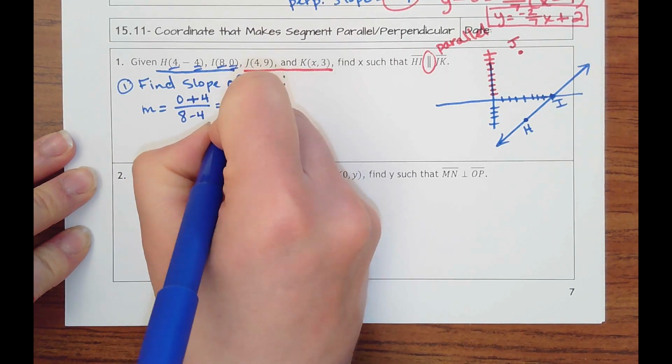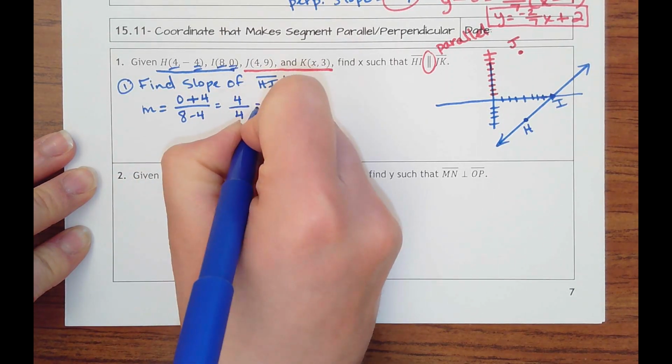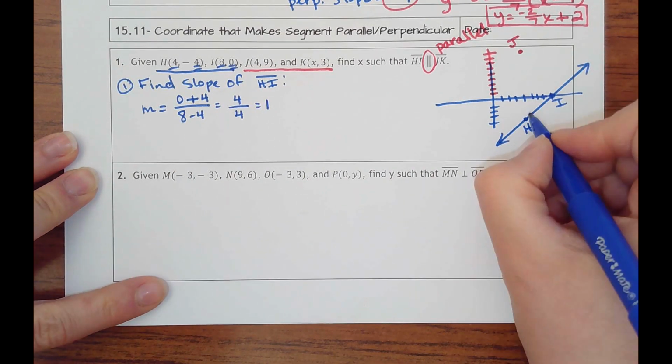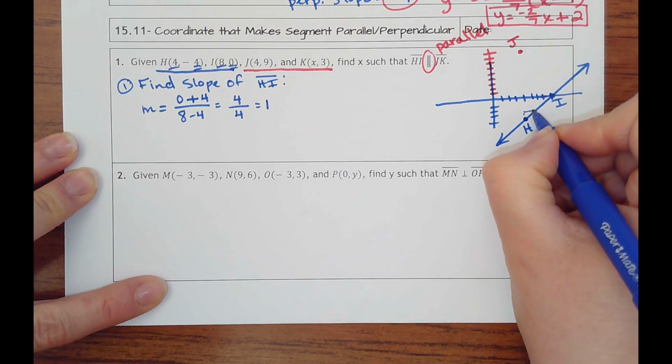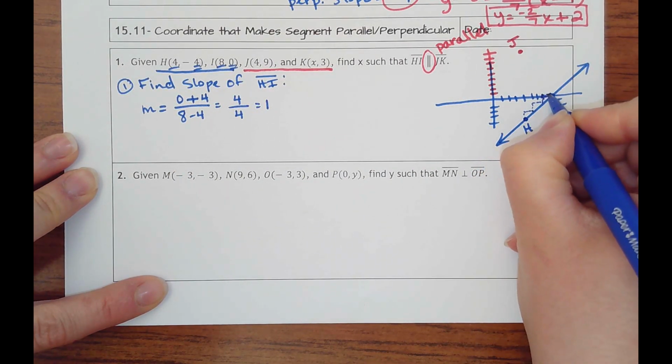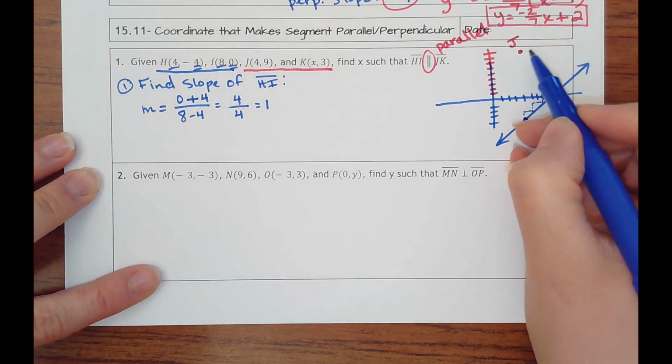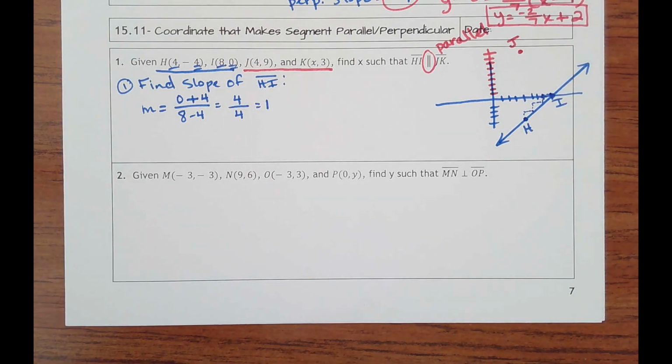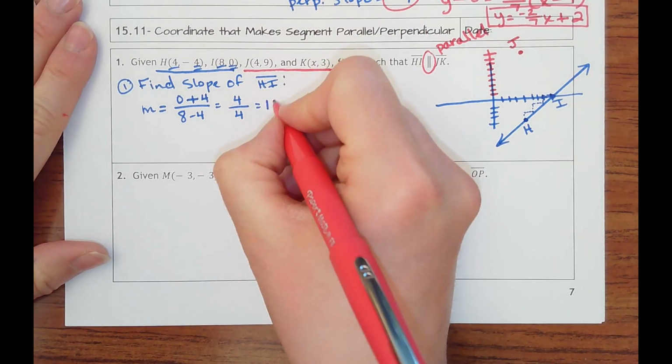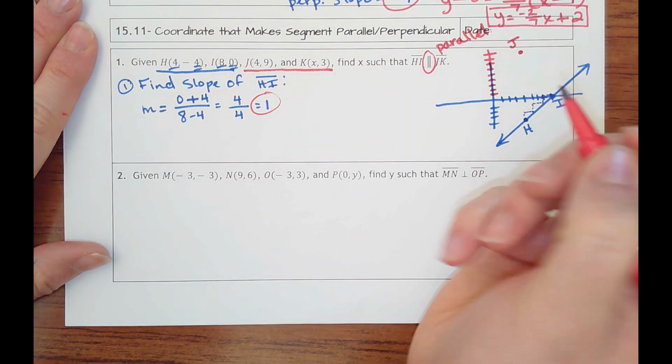That would be 4 divided by 4, which is a slope of 1. So this is going up 1, right 1, up 1, right 1, up 1, right 1. So we want J to be doing that same thing to get to K. And so I'm going to use this same slope and then use the slope formula.